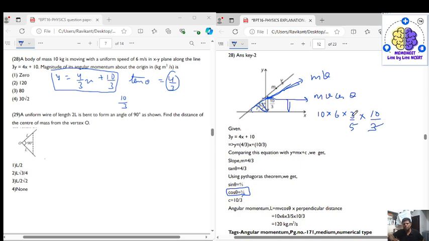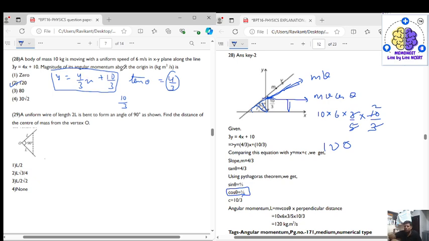The 3 and 3 cancel out, and 5 and 2, so 20 times 6 equals 120 kg meter square per second. So the correct answer for this question is option 2, that is 120.